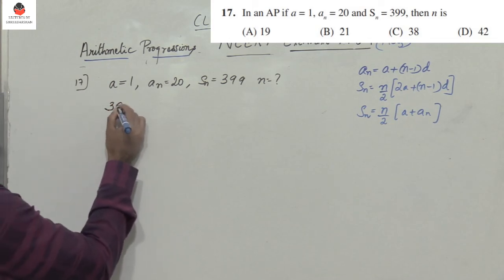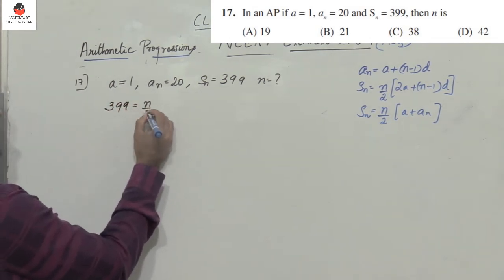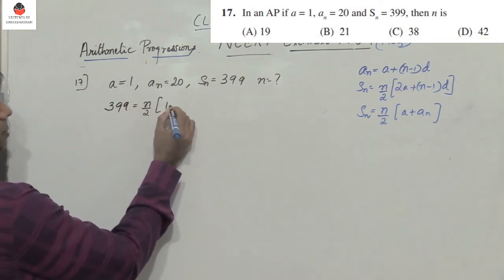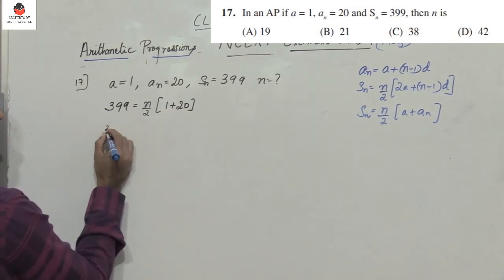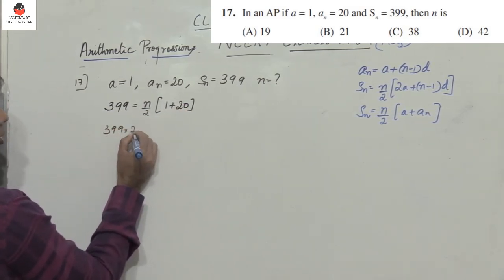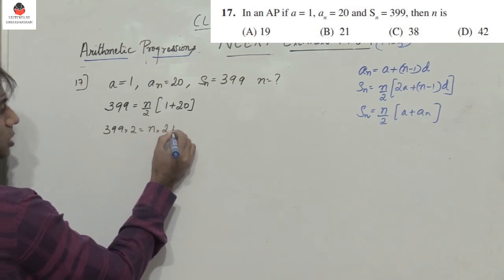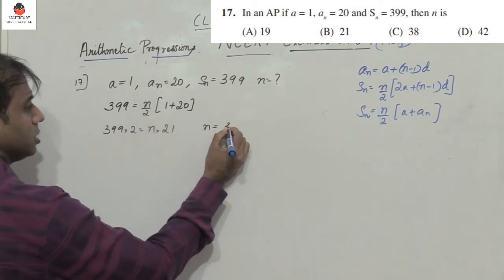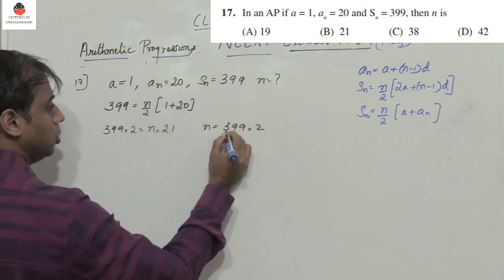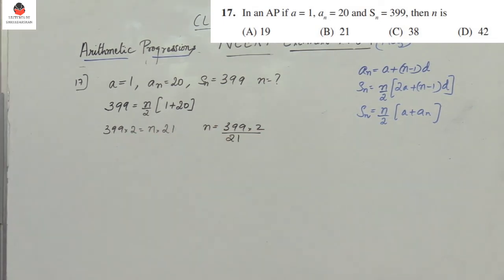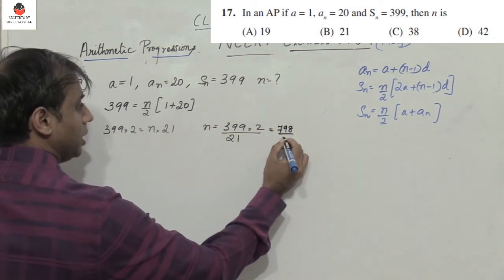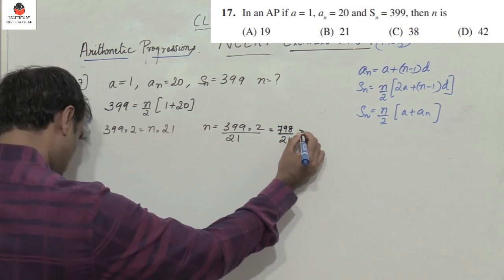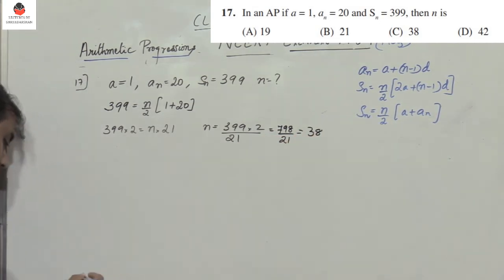So Sn is 399 equals n by 2 into A plus An. So you have 399 into 2 equals n into 21, or n equals 399 into 2 divided by 21. So which is 798 divided by 21, and we get the value as 38. So the right option is option C.